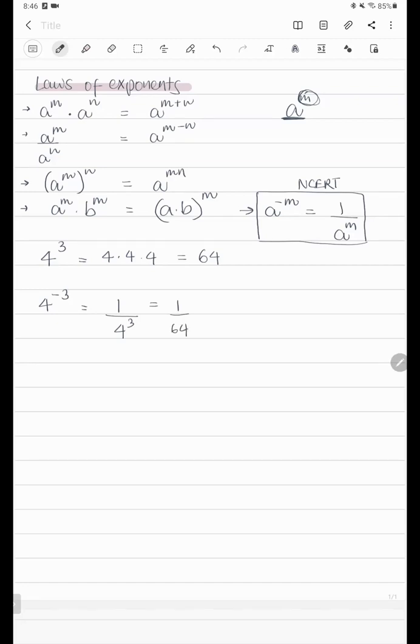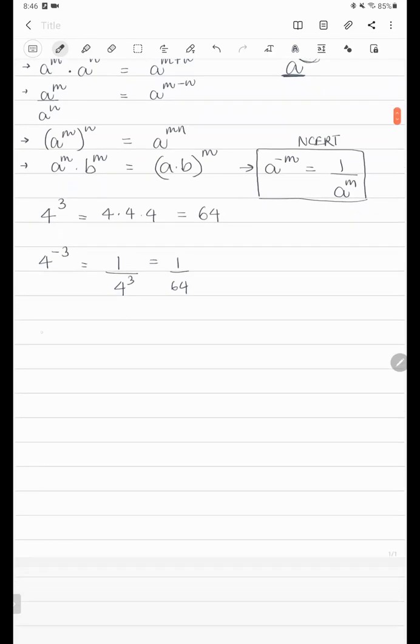Now, what do you think this means? What is the meaning of 4 to the power 1 by 2? What does this mean?